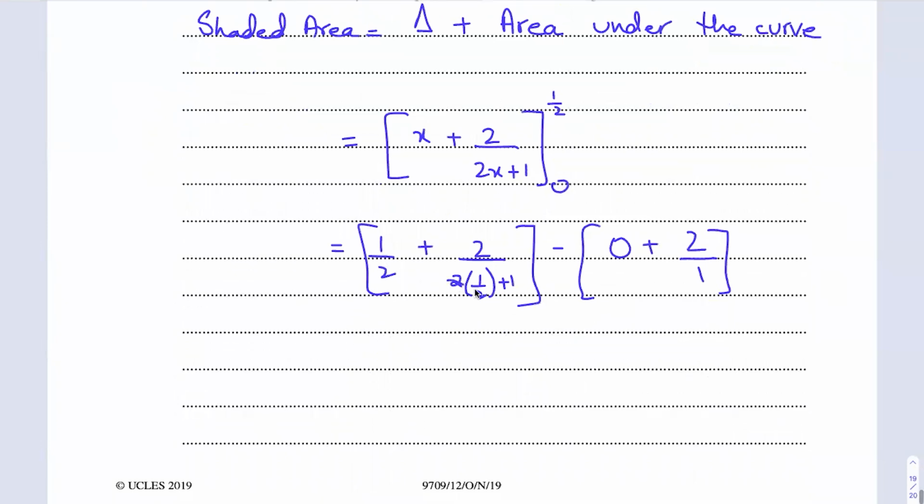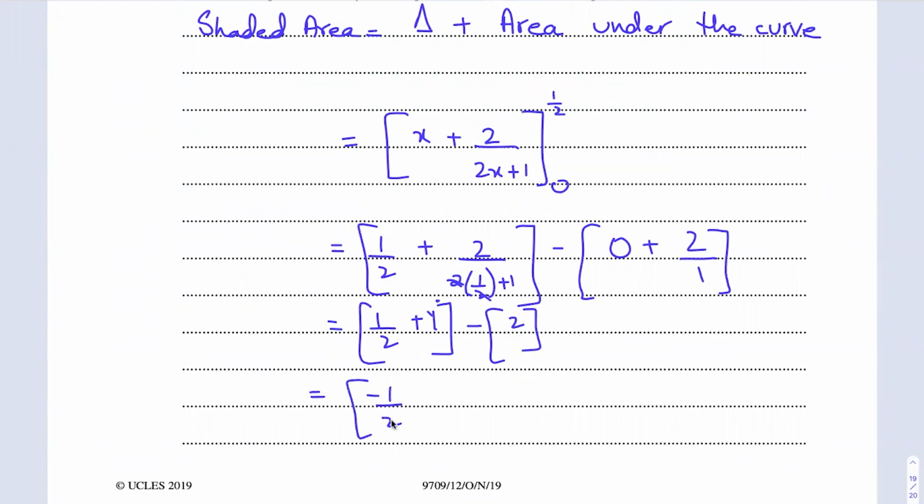So 1 upon 2 plus 2 upon 2, which is 1, minus 2 upon 1, which is 2. So 3 upon 2 minus 2 is minus half.